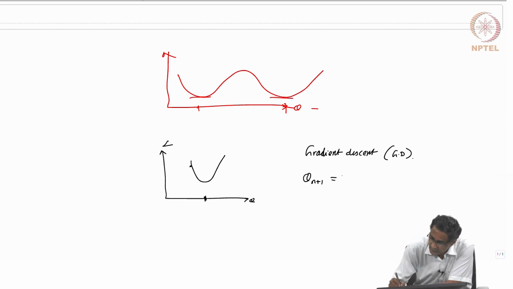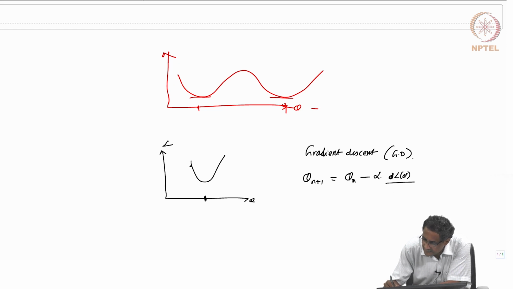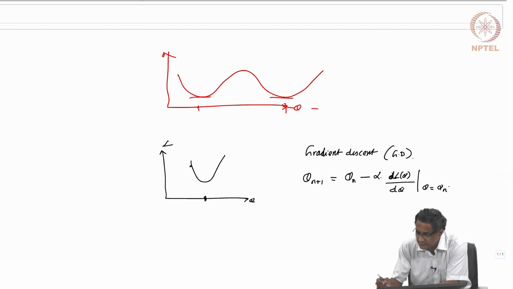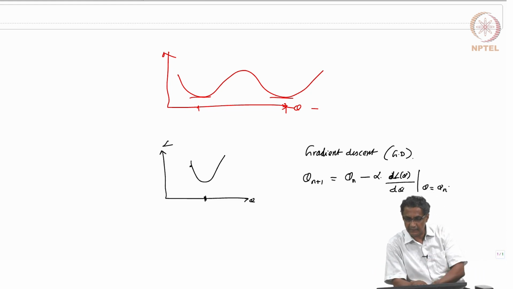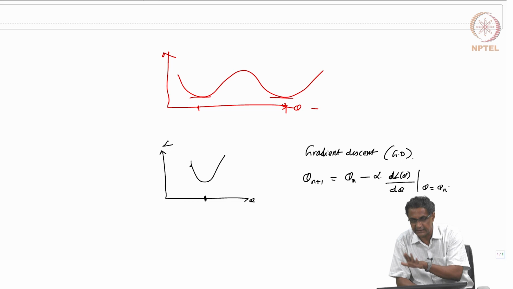So theta n plus 1 is equal to theta n minus alpha times dL(theta) by d theta, evaluated at theta equal to theta n, and this can all be vectors, in which case you're looking at a vector form, or simplest, take a scalar form.